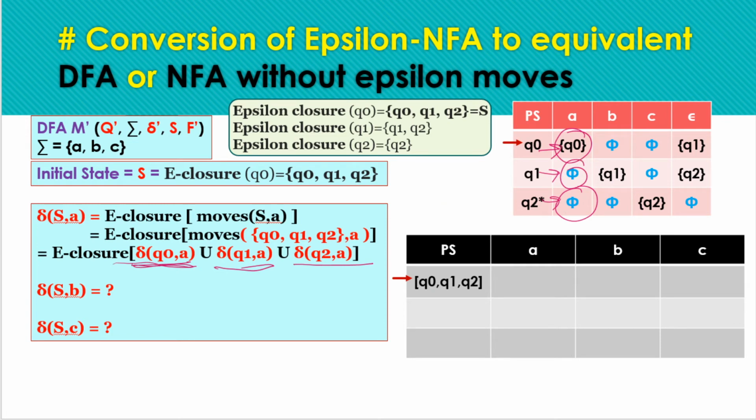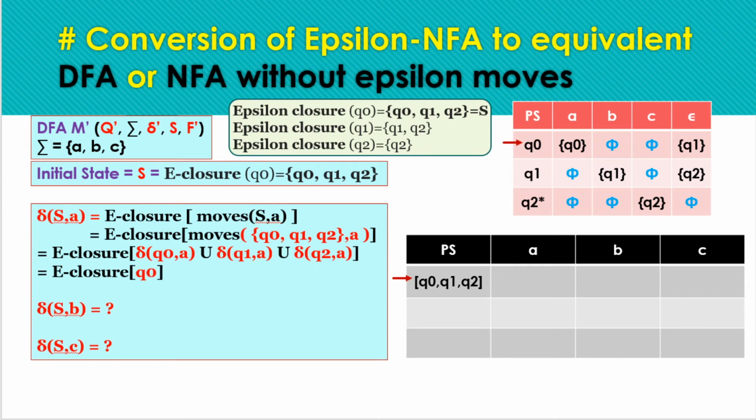After performing the union, we get Q0 only, because we have no move from Q1 for input symbol A, and no move from Q2 for input symbol A. So the resulting set is Q0 only. Now we have to take the closure of this, and the closure of Q0 is the state S itself.